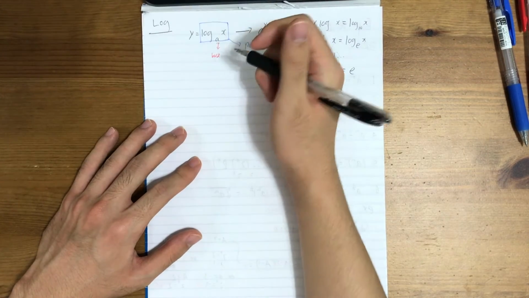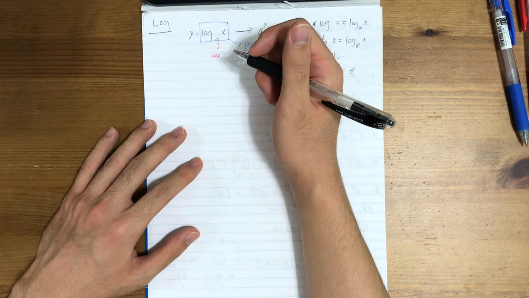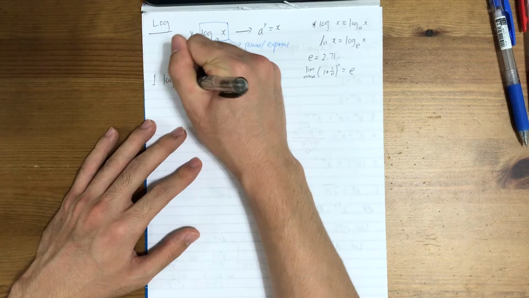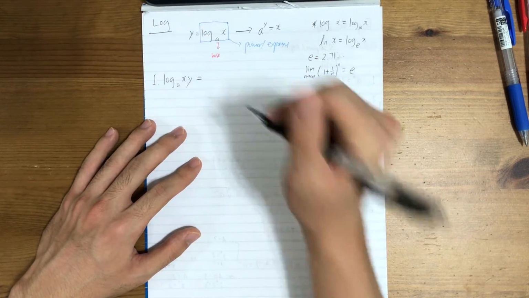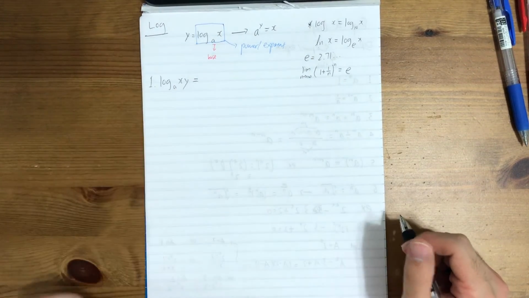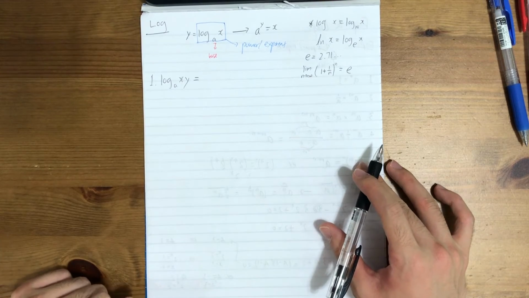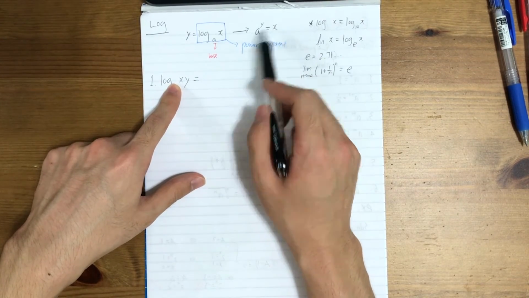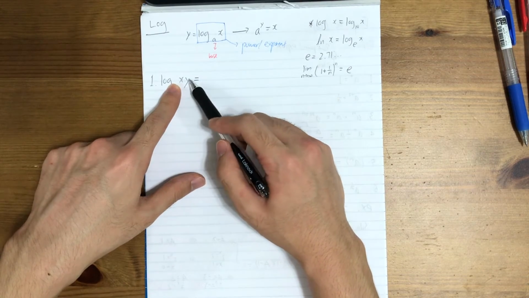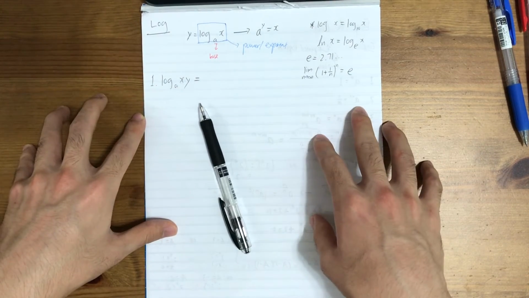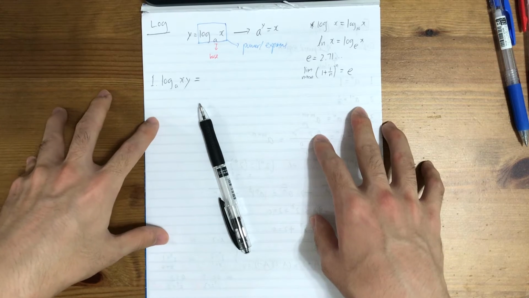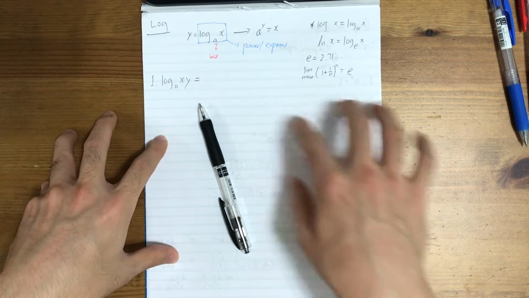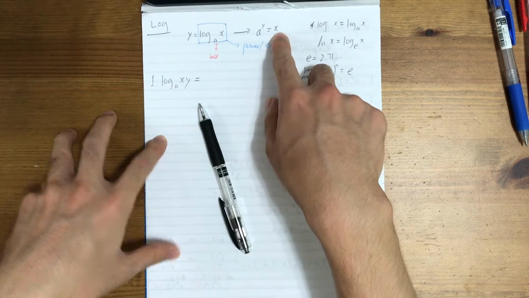Let's start with this. Log base a of xy. Remember, the thing inside is the exponential value, right? Then we can treat x and y as two different exponential values, like this.